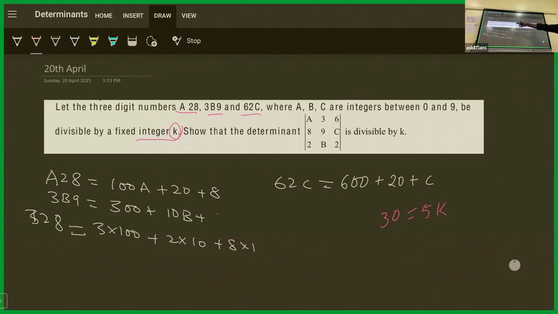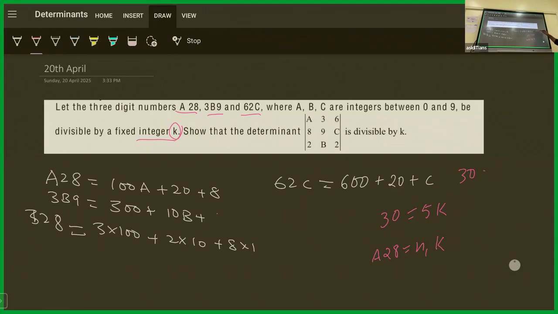Similarly, we know that A28 is a 3-digit number which is divisible by k. So in terms of k, how can I write it? There will be some integer n1 multiplied by k. Let's say 30 is divisible by 5, right?